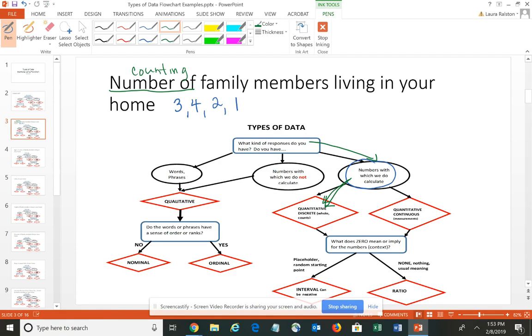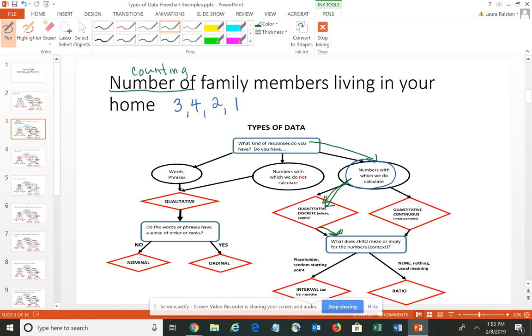And so then the next step is I have to decide, what would 0 mean? What would it mean if I had 0 family members living in your home? Does 0 mean none, or is it just a random starting point?